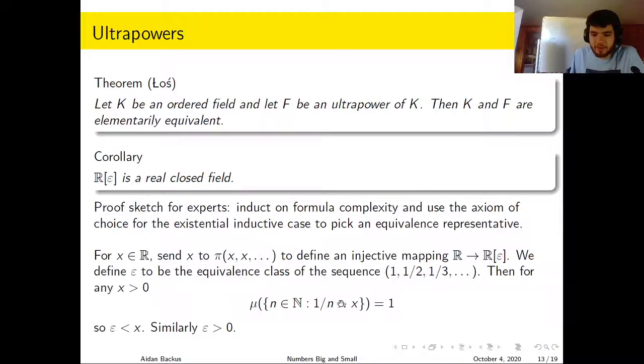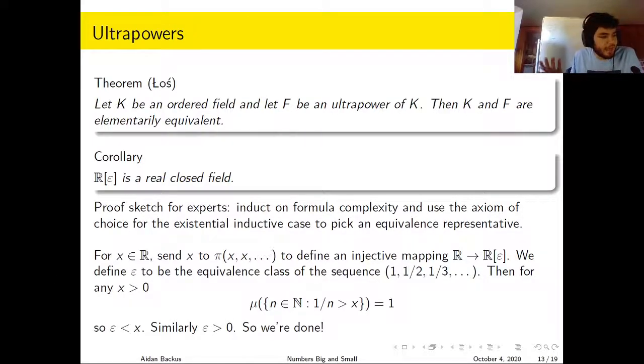So epsilon is less than x. And by a similar token, epsilon is greater than 0, because 1 over n is always greater than 0. So this thing, epsilon, is going to be smaller than every positive real number, but it's going to be greater than 0. So it's an infinitesimal.